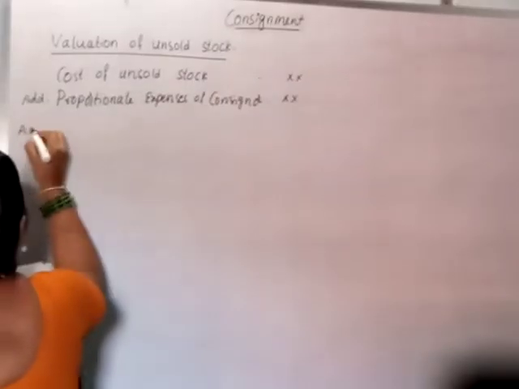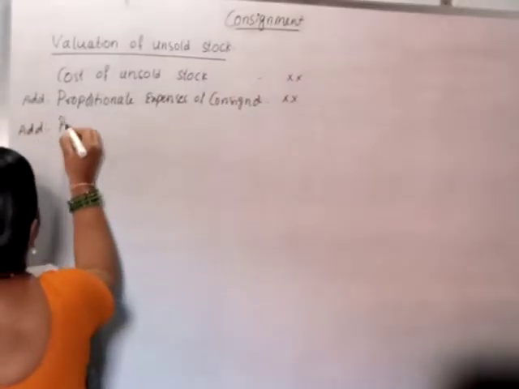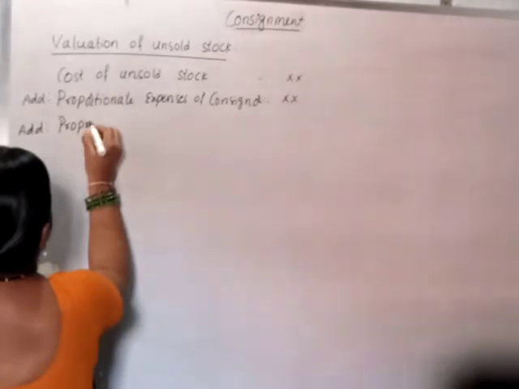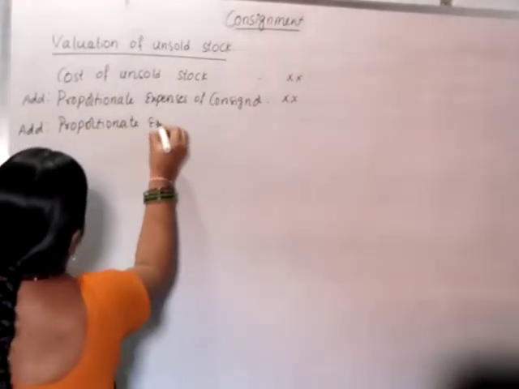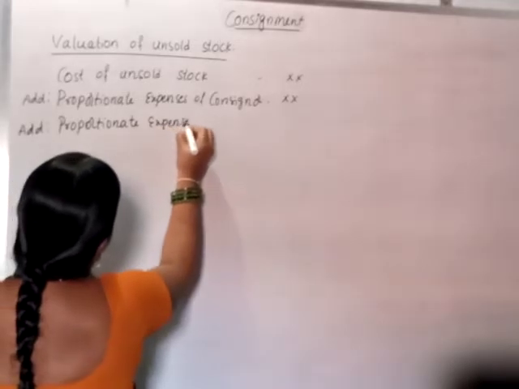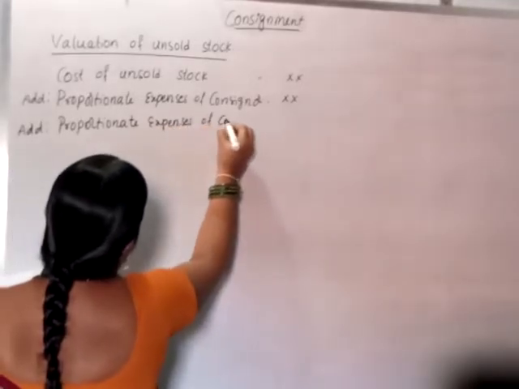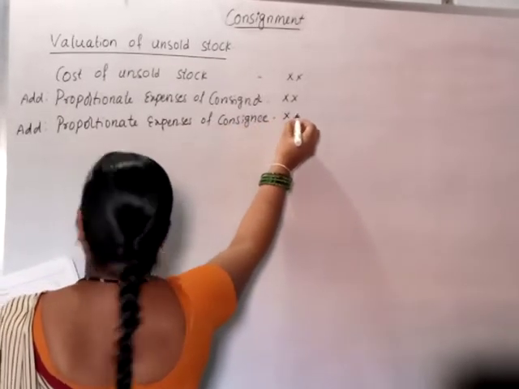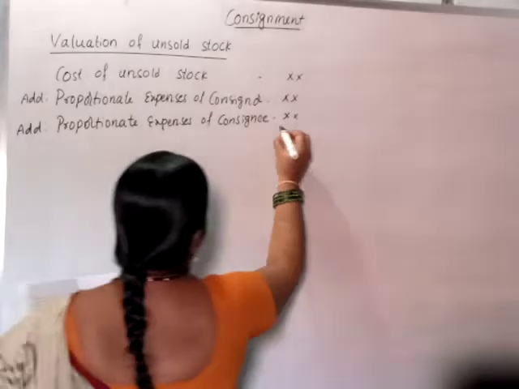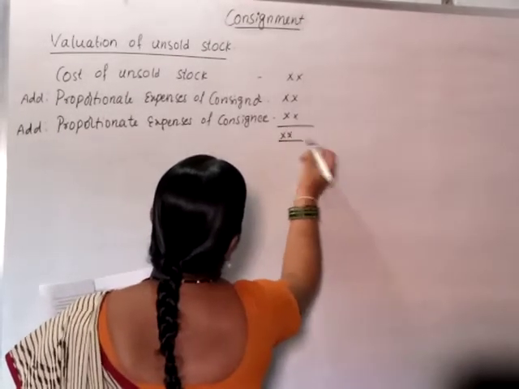Again, to this we have to add the proportionate expenditure of the consignee. We add these up and we get the unsold stock value.